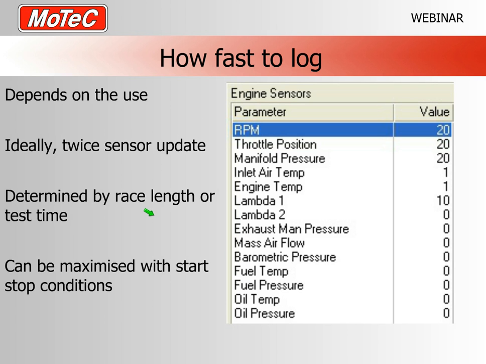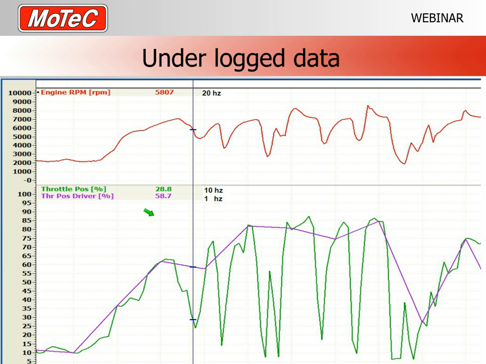A good example is some recent testing we did on jet skis and boats, where you often have to go through a 5-knot period to come back to the trailer. Sometimes that might last 5 or 10 minutes before you can get out to a point on the water where you can open up the engine. In that case, we can configure the logging to only start when RPM is above a certain number. We'll get to that shortly.